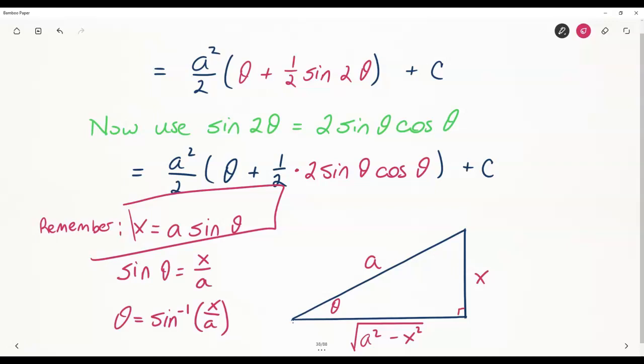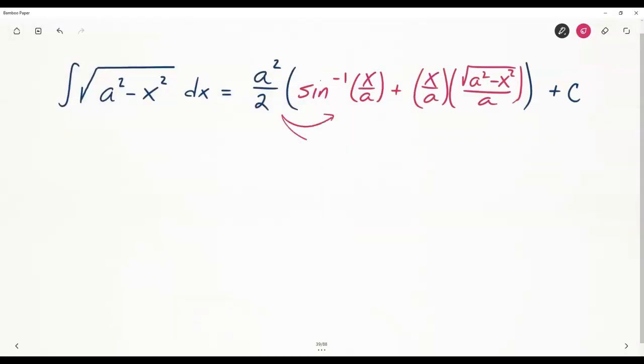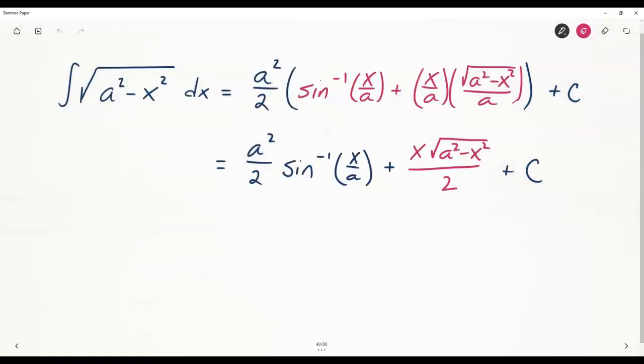Yeah, let me get rid of that box, because as soon as I flip the page, I can't undo anything anymore. But yeah, I figured I divided the whole equation by a. Okay. If you take this and you distribute it to both of these terms, you're going to have an a squared over 2 times inverse sine of x over a, which is what you see right here.